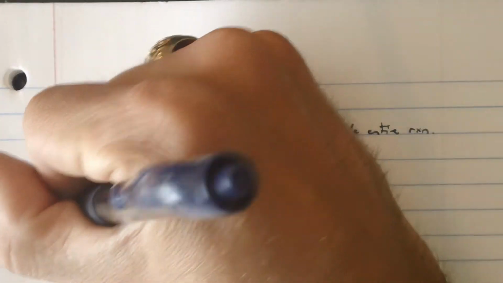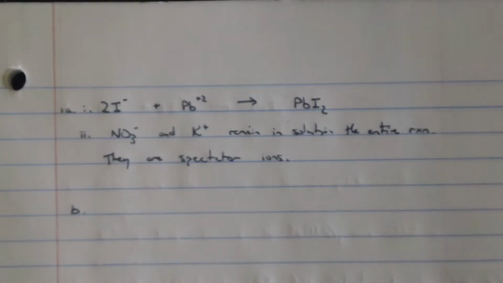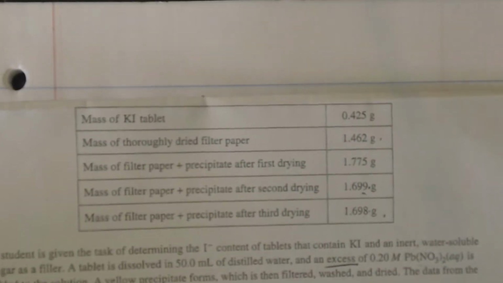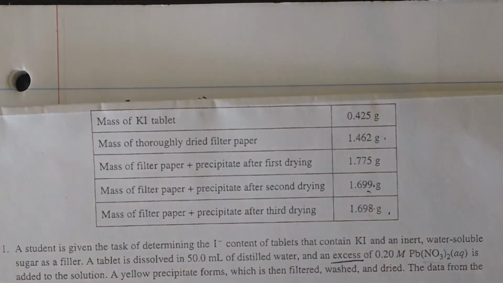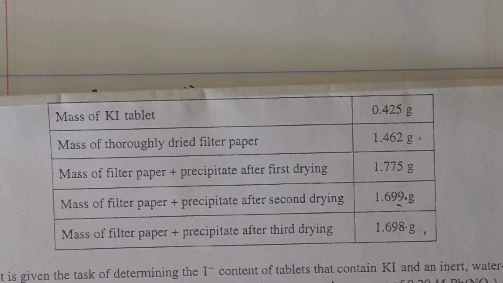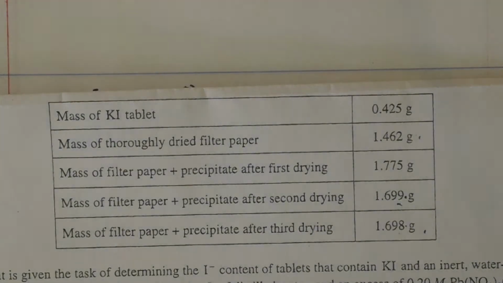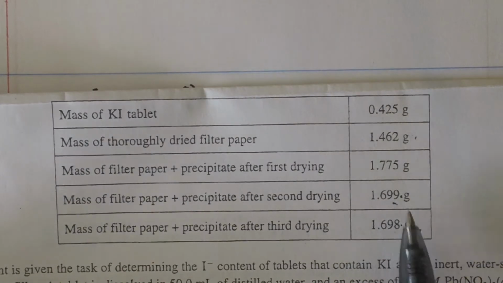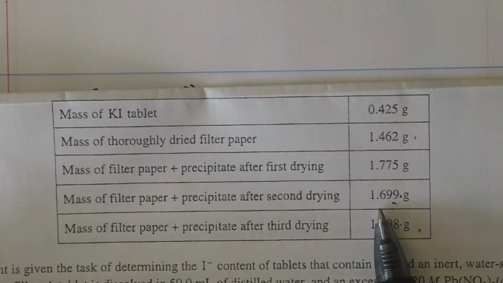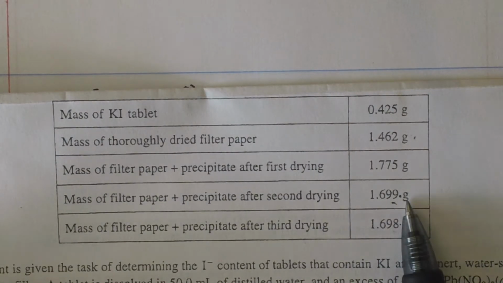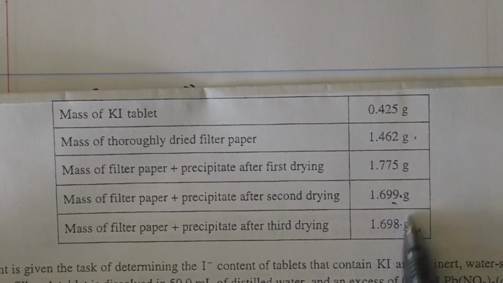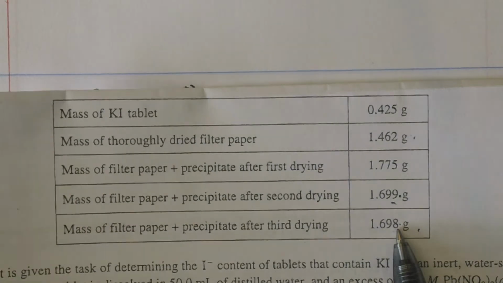Part B says explain the purpose of drying and weighing the filter paper 3 times. Here, once we formed a precipitate, we took the mass of the precipitate, we dried it, and then we dried it again, and then we dried it again. And they ask, why did we dry it 3 times? And the answer is, we needed to dry it until that precipitate mass wasn't changing anymore.